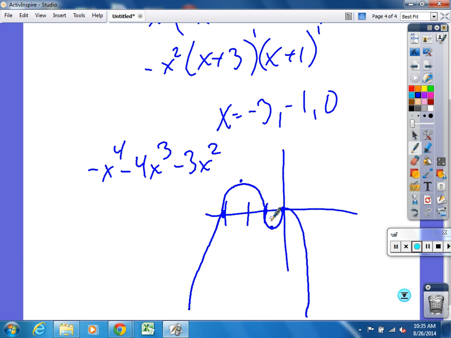Go to max or min. Okay? Max or min? Then I want to find the max.